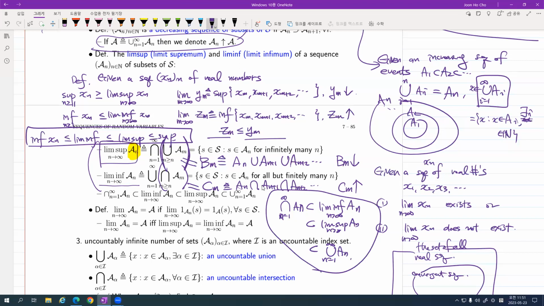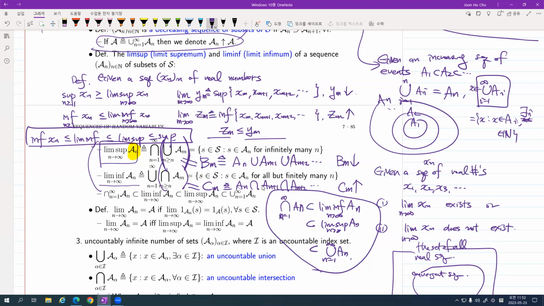So this is the kind of relation between the countable intersection of a sequence of events, the countable union of a sequence of events, and the lim sup and lim inf of the sequence of events. And of course, if lim sup and lim inf are the same sets, then what do we want to claim? The sequence of subsets converges to a subset.